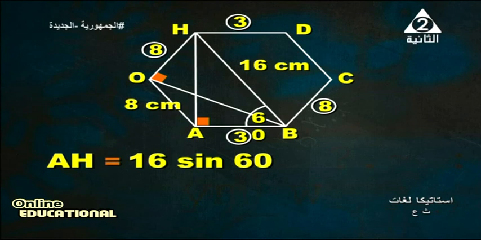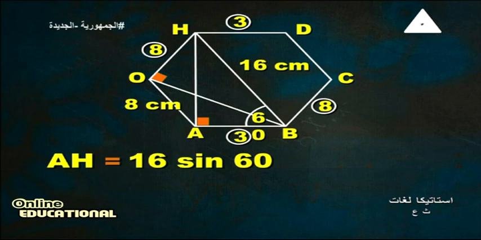To calculate, AH equals 16 sine 60. Why? This is a regular hexagon, we know the measure of each angle in a hexagon is 120. But the measure of angle HAB equals 60, therefore AH equals 16 sine 60.